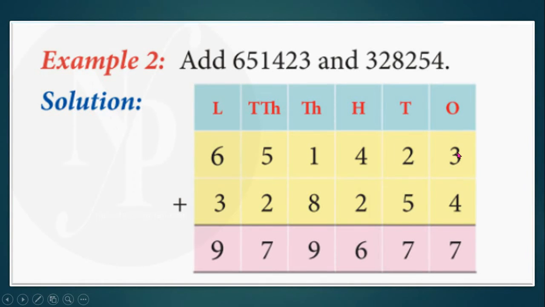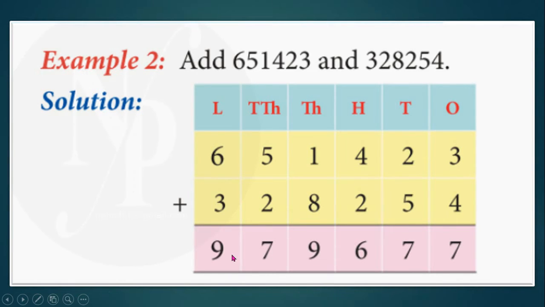So we will write down the given numbers one below the other according to their place values, and we start adding from the digits in ones place. 3 plus 4 is 7, 2 plus 5 is 7, 4 plus 2 is 6, 1 plus 8 is 9, 5 plus 2 is 7 and 6 plus 3 is 9.